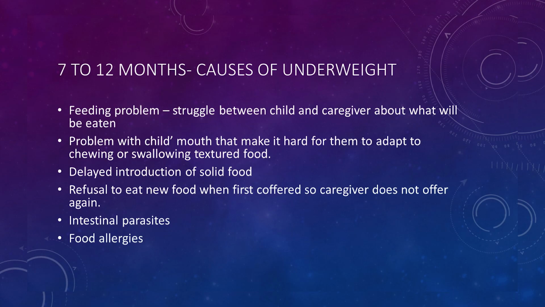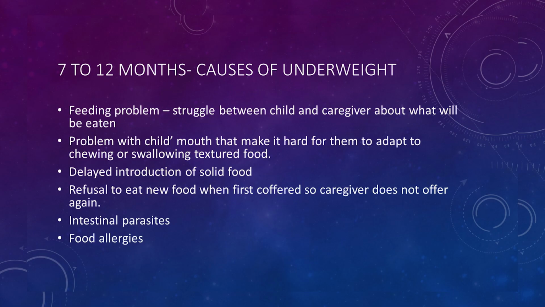Then there is a problem with the child's mouth that makes it hard for them to adapt to chewing or swallowing textured food. Sometimes oral candidiasis or other inflammatory diseases in the mouth may cause a problem for the child in adapting to chewing or swallowing textured food. Then there is a delayed introduction of solid food.